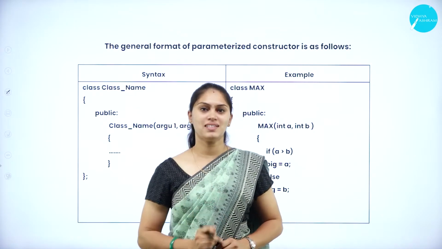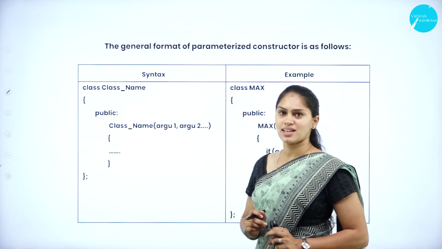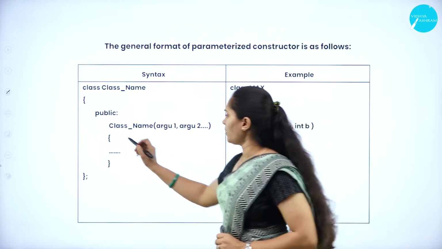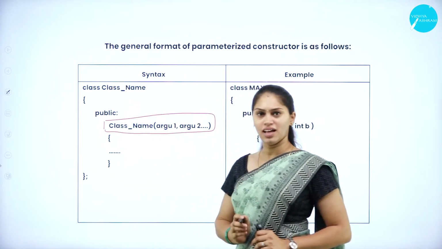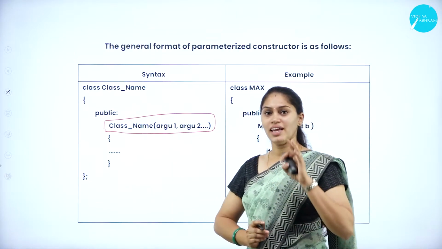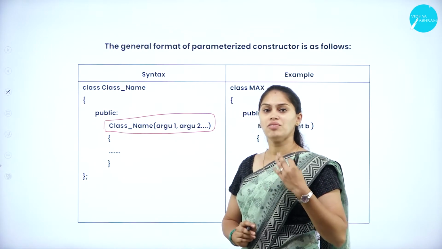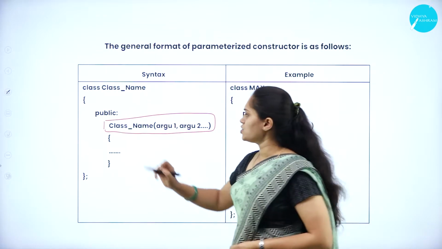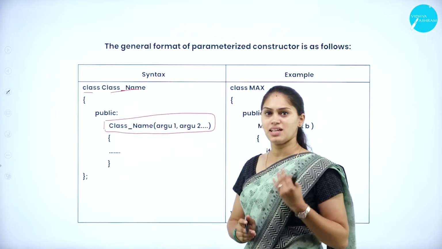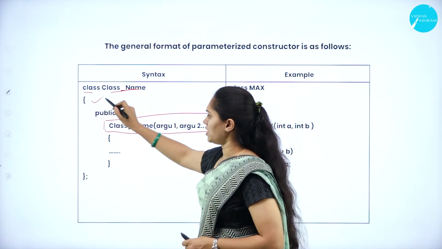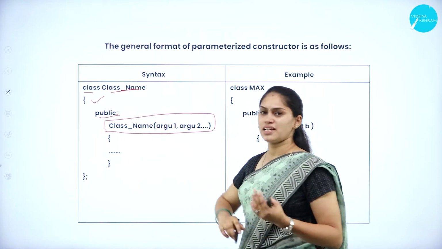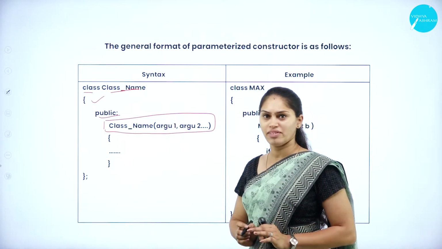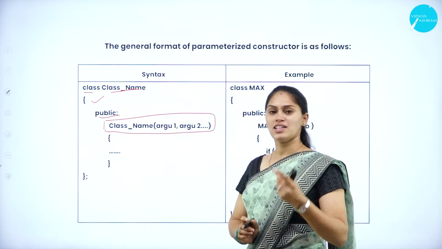Getting? So now we'll see the syntax of this parameterized constructor. Here you have to mainly concentrate on this line. In all types of constructor, you have to concentrate on the member function, how we are going to use it. Here class is a keyword. Class name is the name of the class where the actual scope of this class starts. Under the public section, I am creating one member function with the same name as the class.